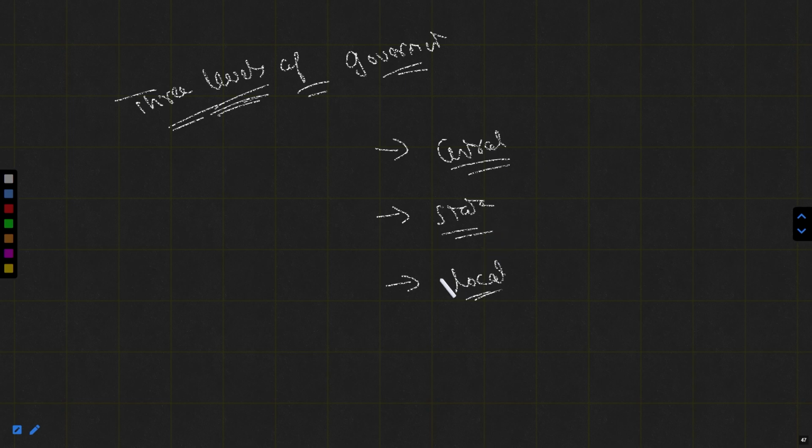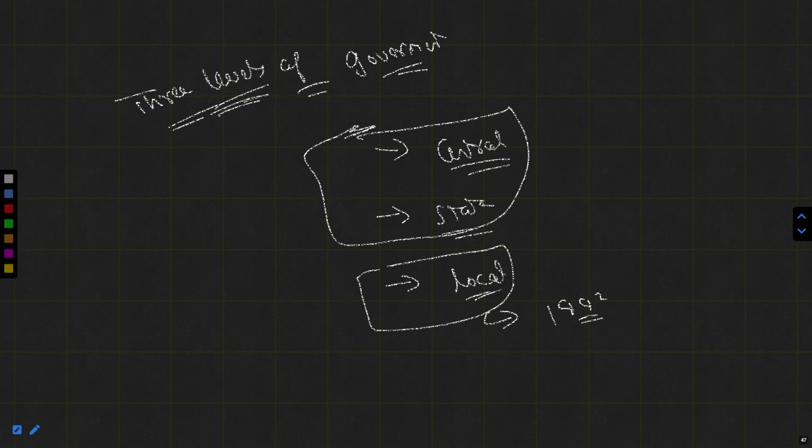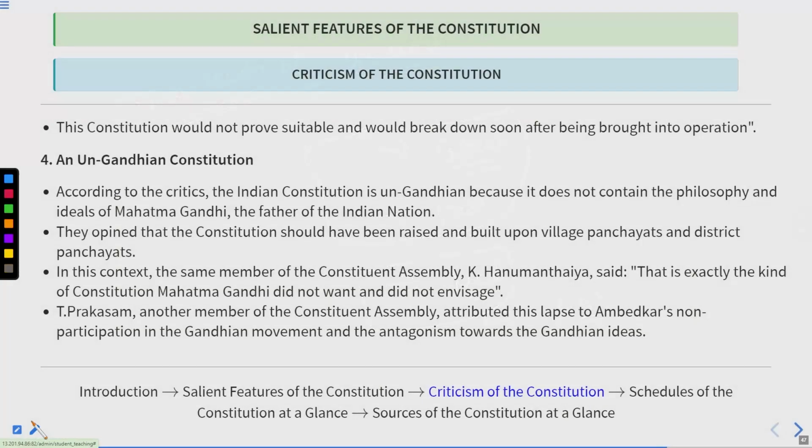Okay, but we know the local governments were later added in the year 1992. When the constitution was drafted, there were only two types of government, federal and the state. So that's why the critics of that time were claiming that the Indian constitution must contain governance from the village panchayat and the district panchayat level. Instead of this, we had adopted the culture of federal system, means the central government or the state government.